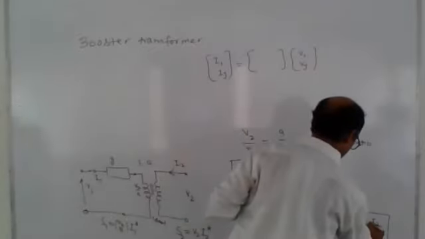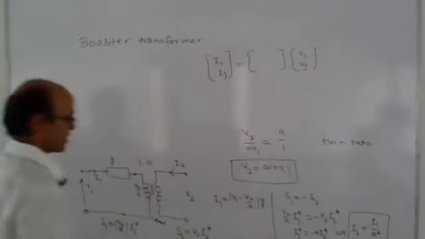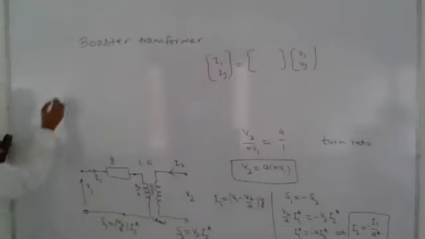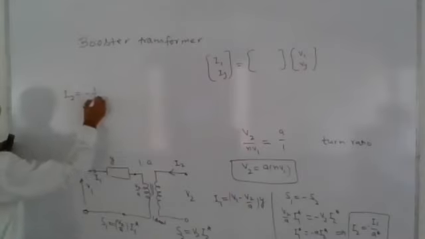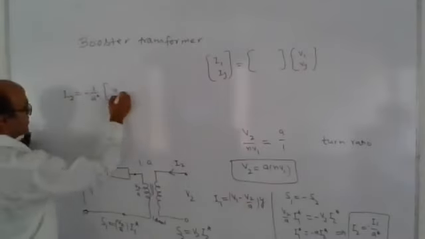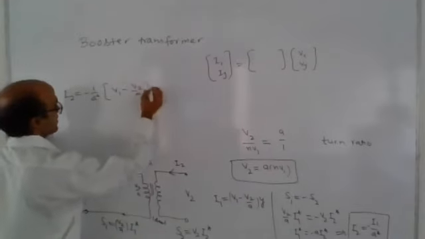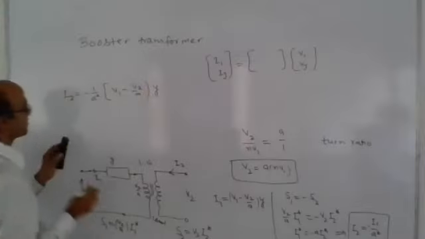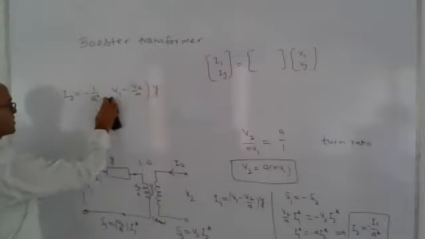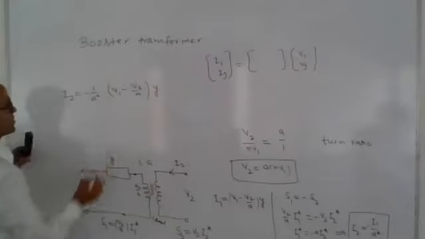So I2 equal to minus 1 by A conjugate into I1 value, which is V1 minus V2 by A into Y. So this is the value of I2.